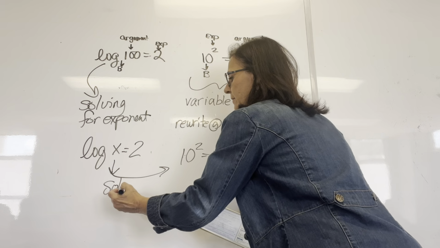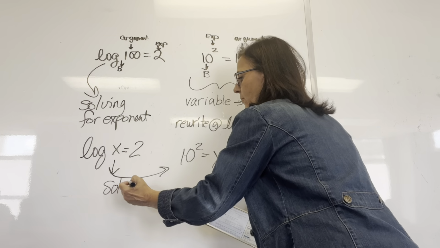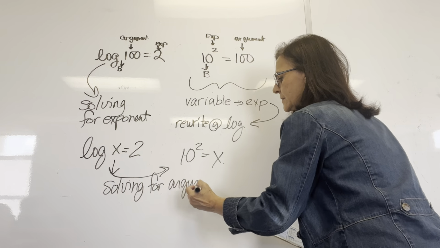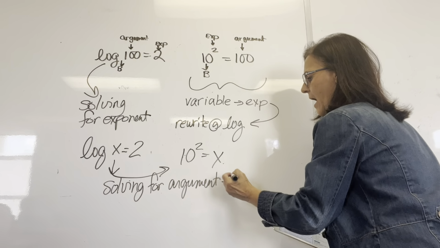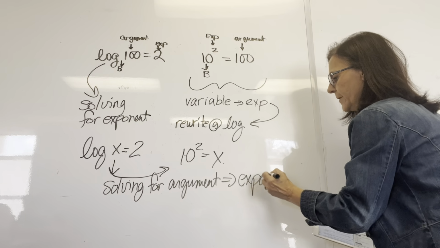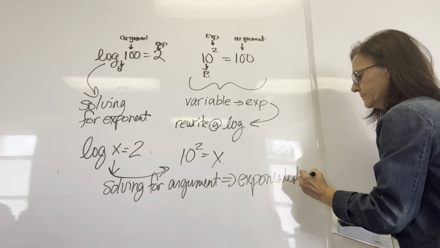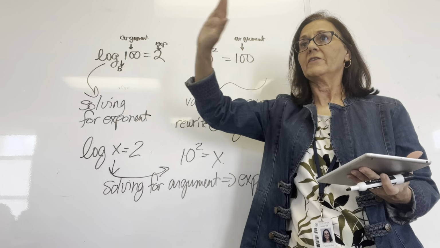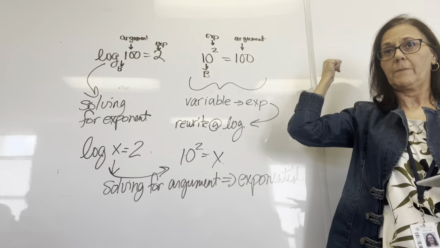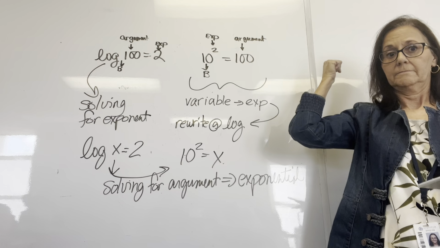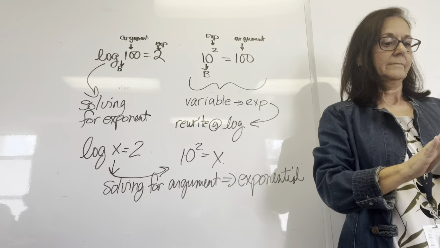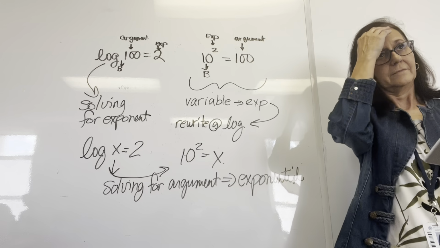So when I'm solving for the argument, I want to go to exponential. Got it? Solving for the exponent, I'm going to logs. Solving for the argument, I'm going to exponents. Got it?